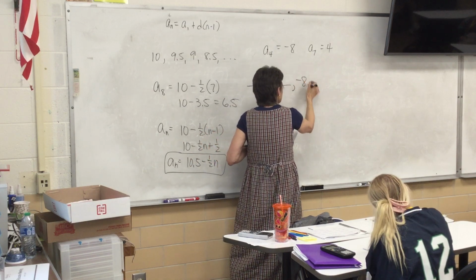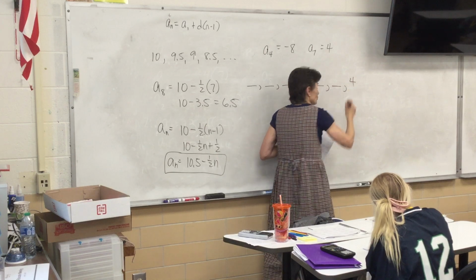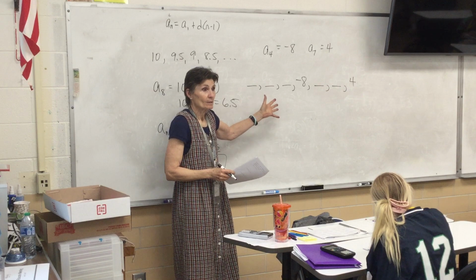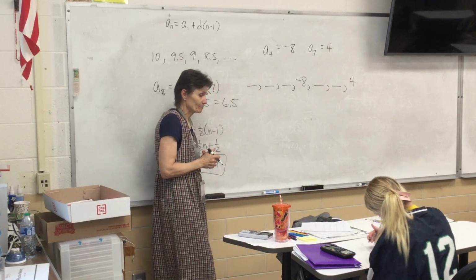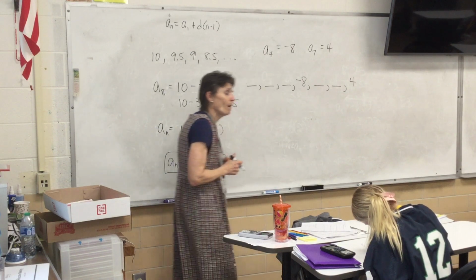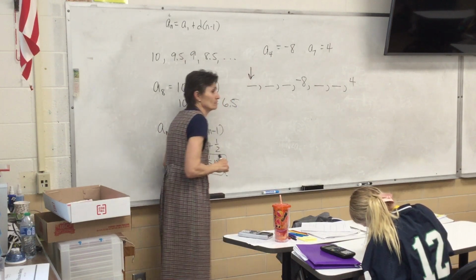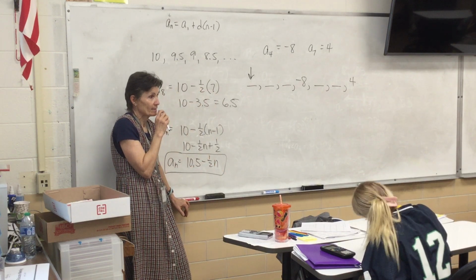My 4th term is -8. My 5th and my 6th and my 7th term is 4. That's what the sequence looks like. I just don't have a bunch of the numbers in it. And they want me to find the first term. They help me to figure out what that is.